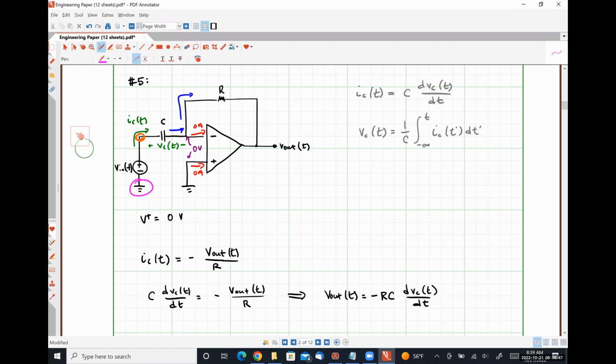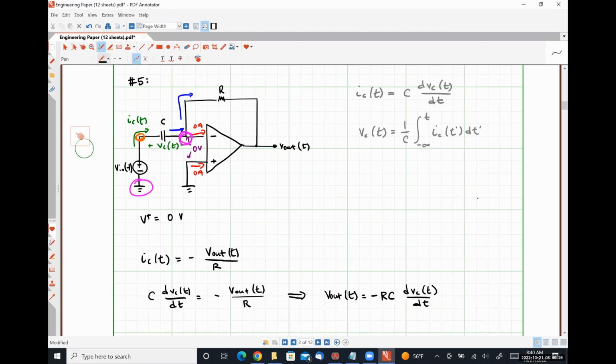Our capacitor voltage is the voltage present between the orange node and our inverting input terminal. But our inverting input terminal has a potential of 0 volts, so it serves as a virtual ground. It's not physically connected to ground, but it has the exact same potential. So from that, we can say that our input voltage and our capacitor voltage are actually the same quantity. VC of t is simply Vin of t.